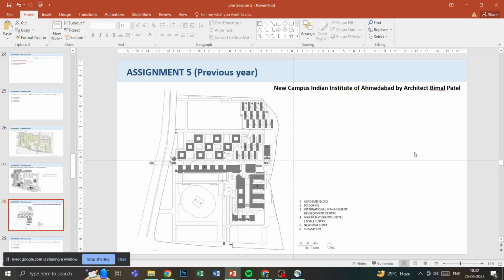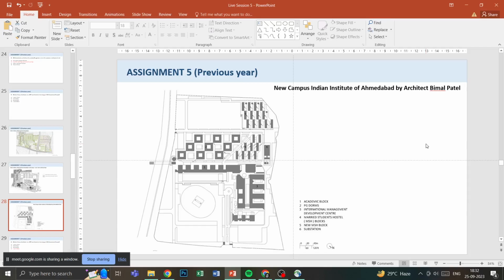Now coming to the new campus, this new campus was designed by Bimal Patel. Again, it has dormitories, lecture halls, and housing. The main difference between these two campuses, new campus and old campus, is that the old campus was made in all exposed brickwork, while the new campus was majorly all exposed concrete work.